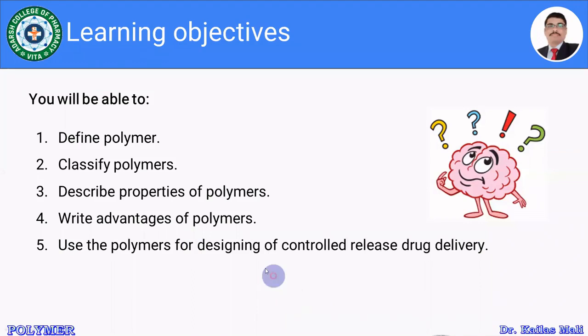As the polymer topic is very vast, it is not at all possible to cover every point of the polymer. We are going to consider only the points which are related with the designing of controlled drug delivery systems. So let us move towards the introduction.